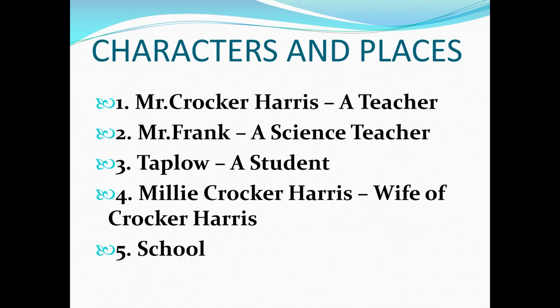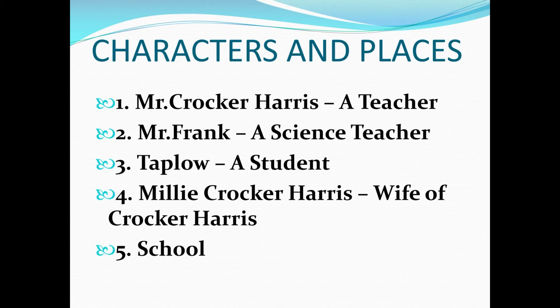Now see, when we discuss the main characters and places related to The Browning Version, the main character in this play is Mr. Crocker-Harris, who is a teacher. Mr. Frank is also a teacher, a young science teacher who teaches science, while Mr. Crocker-Harris teaches language.